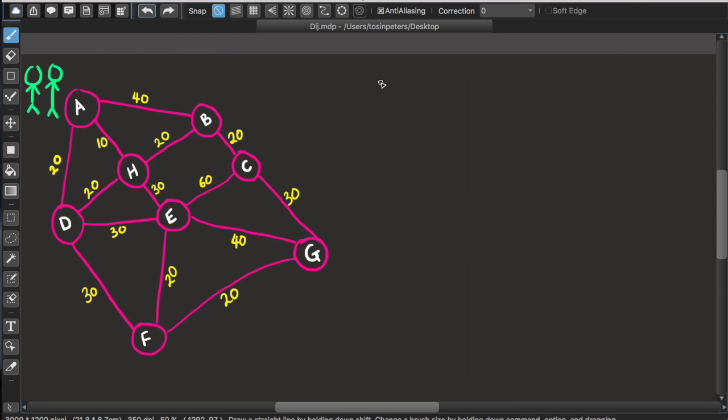So I'm going to try to break it down right now. We're going to solve it. The first thing you should do when solving a Dijkstra's algorithm is look at the question. If the question says start from A, you start from A. If it says start from B, then you start from B. It really depends on the starting point. But right now, for this video, I'm just starting with A because that's what most people start with, and that's what I want to start with. So the first thing you do is write A here, and because we're starting from A, we're not going to write A here.